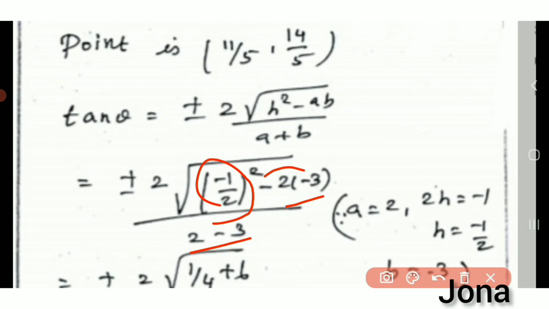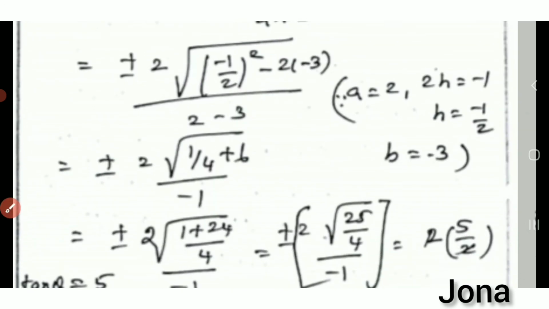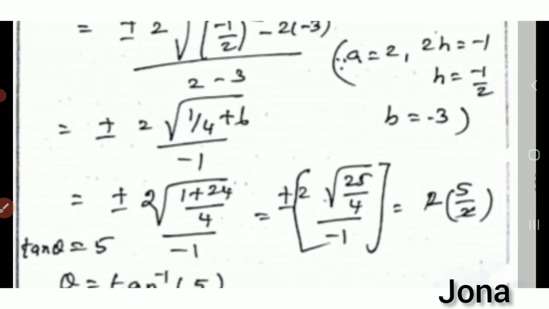Here minus 2 into minus 3 is plus 6 here. Here minus 1 by 2 the whole square is 1 by 4. So 1 by 4 plus 6 at the numerator. In the denominator we have minus 1. So again we want to take LCM in the square root. That means 2 root of 1 plus 24 by 4 whole divided by minus 1.